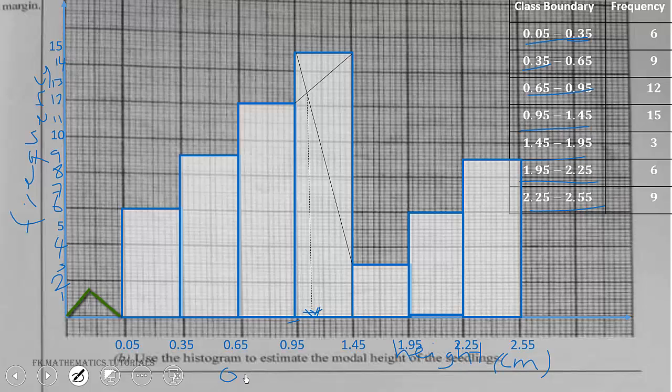So 0.95 plus 3 times 0.03, because each of the boxes over here is 0.03, because from here to here is 0.3. So one box is 0.03. So when we evaluate this, we get 1.04 to be the modal height. 1.04 is the modal height. So 1.04 centimeters.